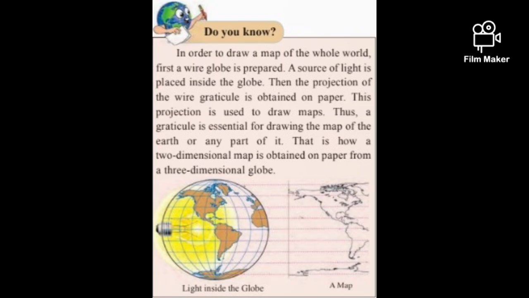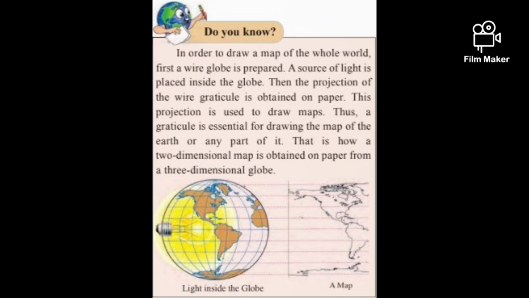In the same way, in order to draw a map of the whole world, first a wire globe is prepared. Just see, there are lines there, latitude and longitude. With the help of wire, these lines are made. This is a wire globe. On the left hand side, you could see a source of light placed inside the globe.